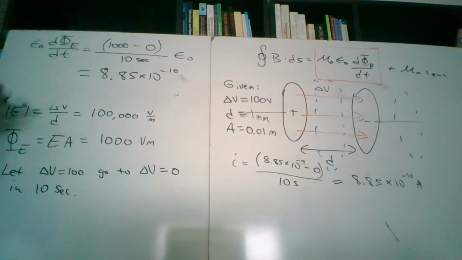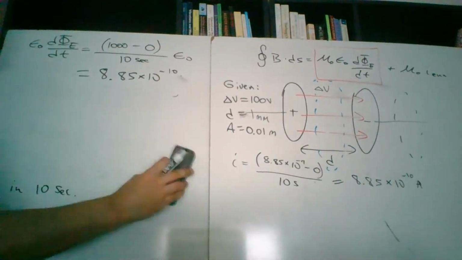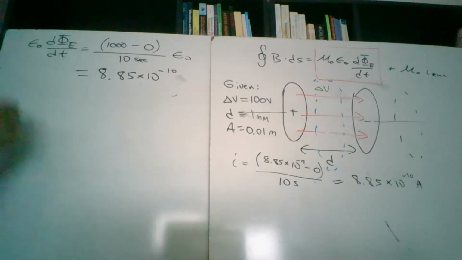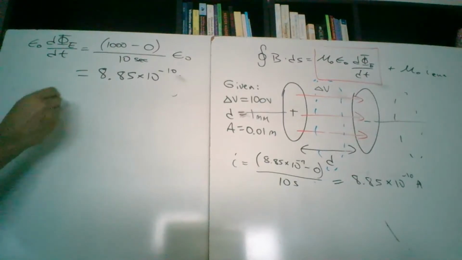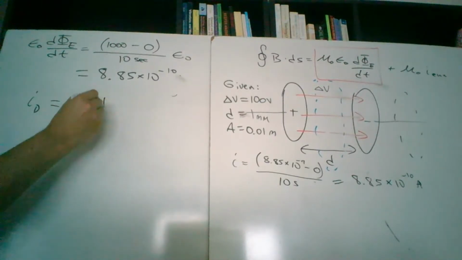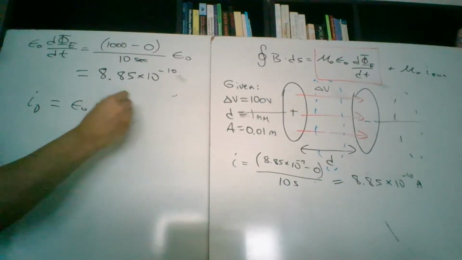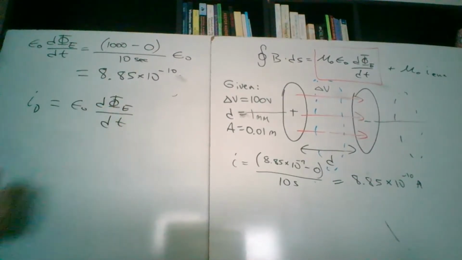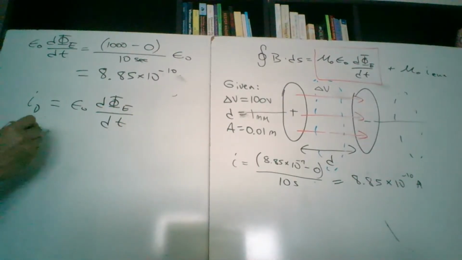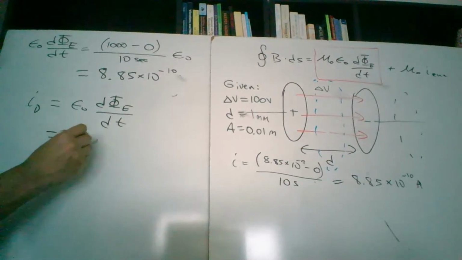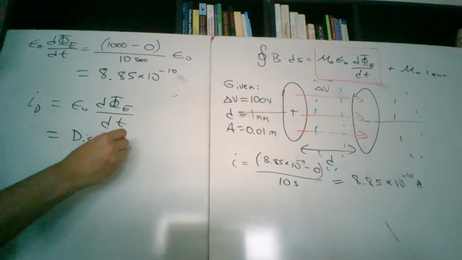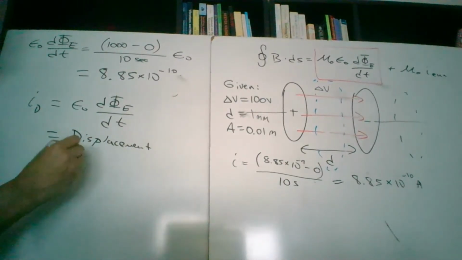And this term right here is called the displacement current. So I_D is equal to epsilon naught times the change in the electric flux divided by dt, and I_D stands for the displacement current.